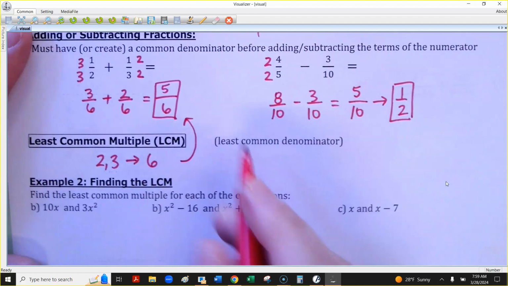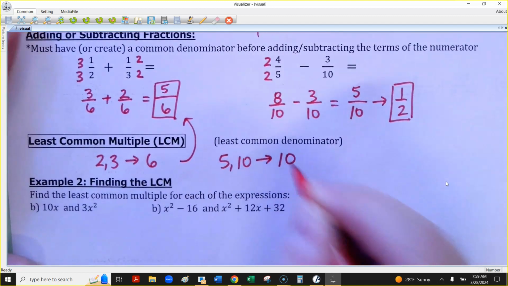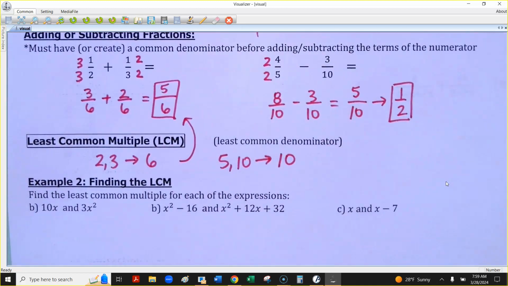And between 5 and 10, the least common multiple was 10. You're trying to find a number that both of those go into. When you're working with variables, which is what we're going to do underneath, you have to make the smallest expression possible that all of the variables would divide into. All right, so least common multiple, it's going to be your least common denominator.